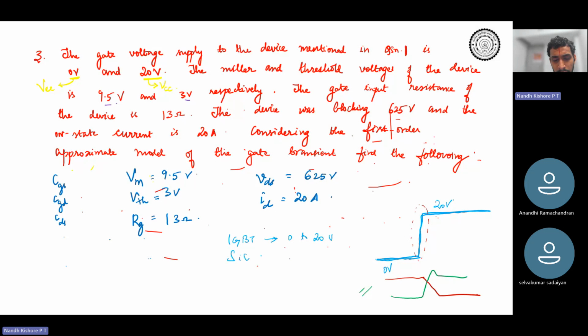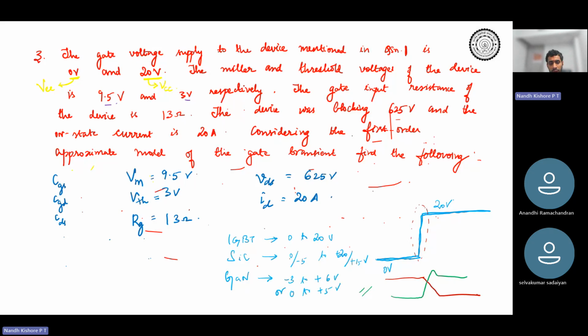For SiC MOSFET, you will use 0 or -5 to 20 or plus 15 volts, and for GaN it is between minus 3 to plus 6 volts, or even between 0 to plus 5 or plus 6.